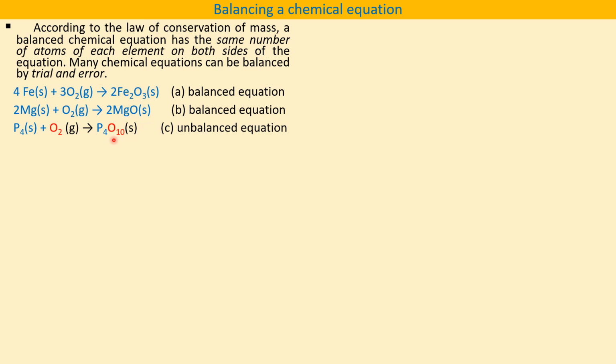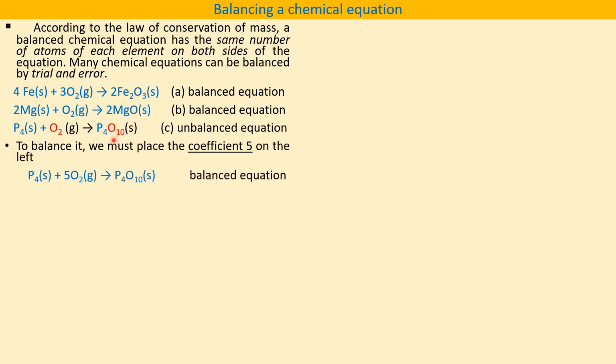To balance it, we must place coefficient 5 on the left of oxygen, to balance the oxygen atoms appearing on the right hand side. Therefore, after balancing, the equation becomes P4 plus 5O2 gives P4O10.